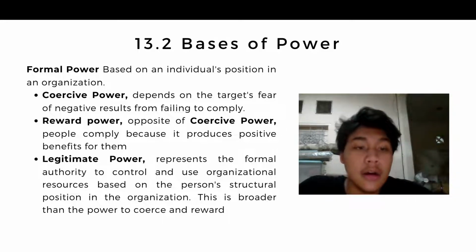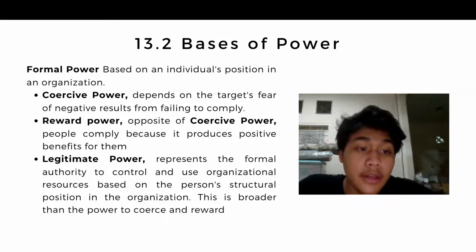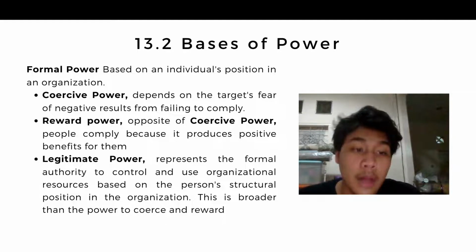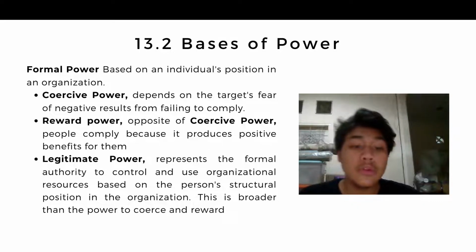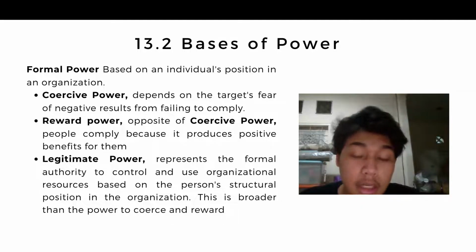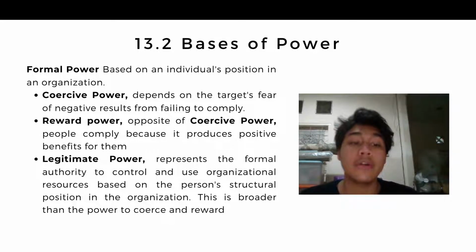It is the opposite of coercive power because people comply because it produces positive benefits for them. The third one is legitimate power. It refers to the formal authority to control and use organizational resources based on a person's structural position in the organization. This is broader than the power to coerce and reward.